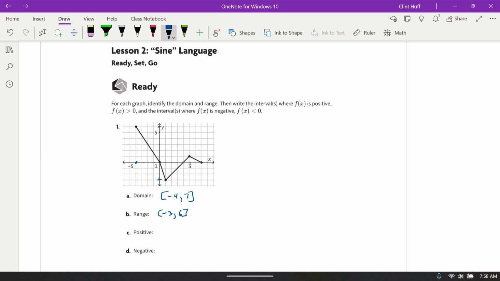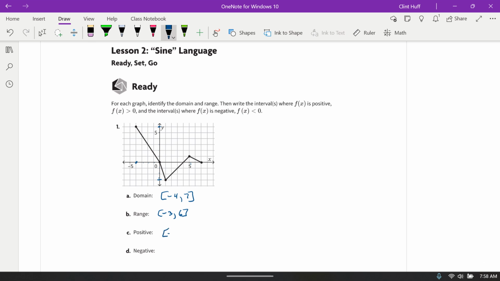-1, -2, -3, -4. Okay, when is it positive? It's positive from -4. Well, be careful with the notation here. So I'm going to use just a parentheses instead of a closed bracket, because at negative, so I'll get it here.